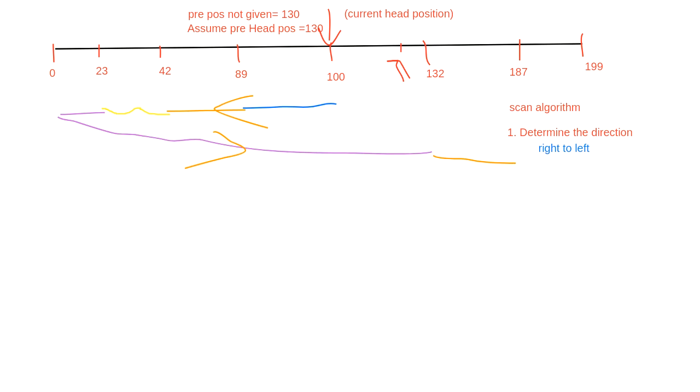Now according to this scan algorithm, what is the seek distance? Seek distance is equal to 100 minus 0, which is 100, plus 187 minus 0.